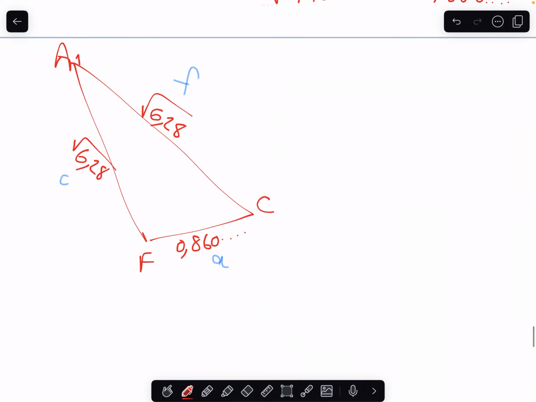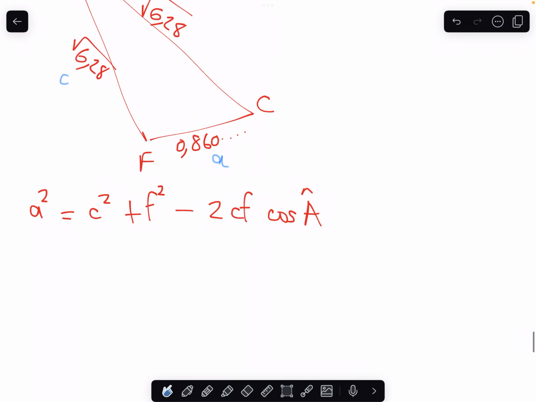Okay, so the cosine rule tells us, so I want this angle, so I'm going to write a squared is equal to c squared plus f squared minus 2cf cos of a, and then rearrange this so that I get the angle by itself, or I try to.